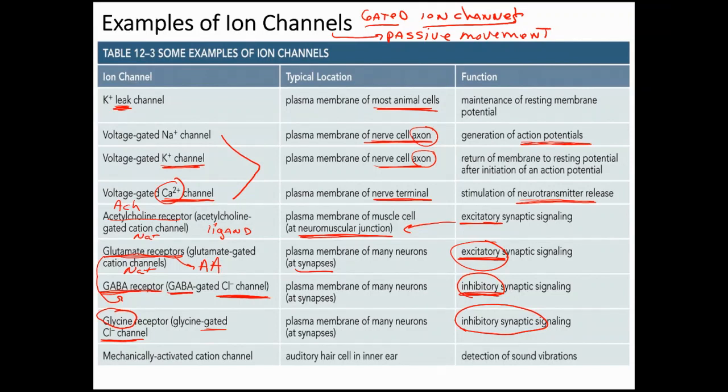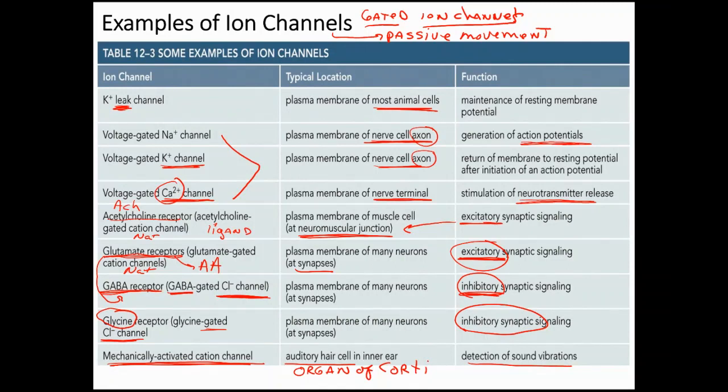And then, of course, the third type of gated channel are the mechanically activated channels, the stress activated channels, which we find in the auditory hair cells in the inner ear, the organ of Corti, which is involved in detecting sound vibrations, which we talked about in the first lesson, and we even looked at the little video.